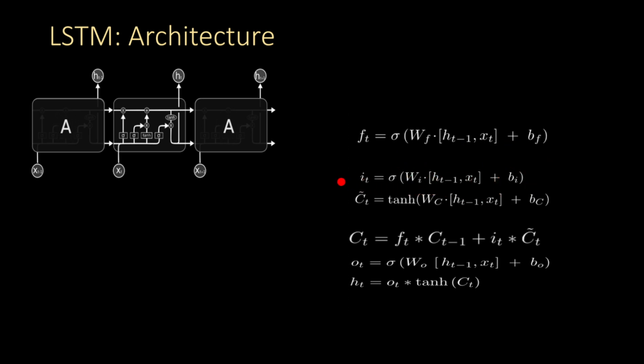Okay, so that's the forget gate and the input gates. So C tilde t is the candidate memory cell at time t. It's right over here, before it's input to the memory cell.